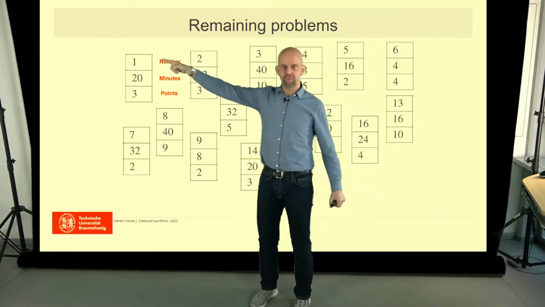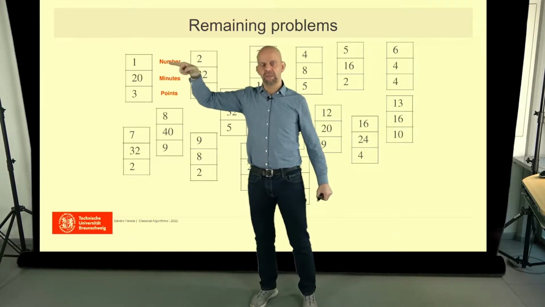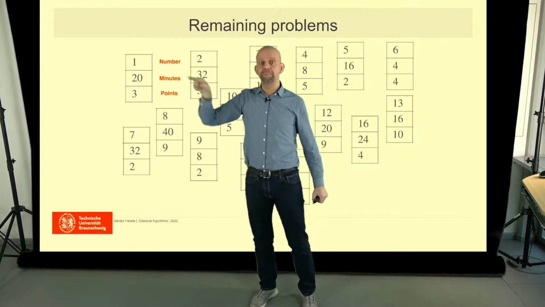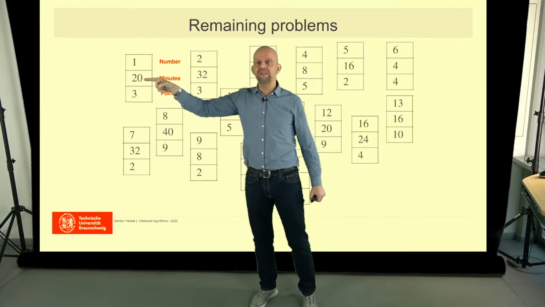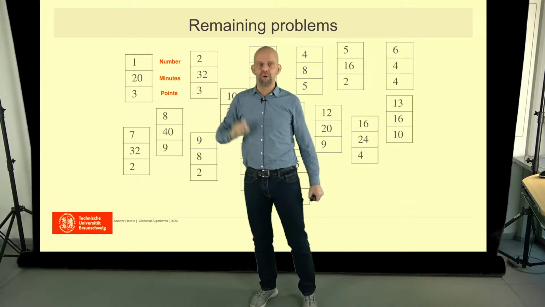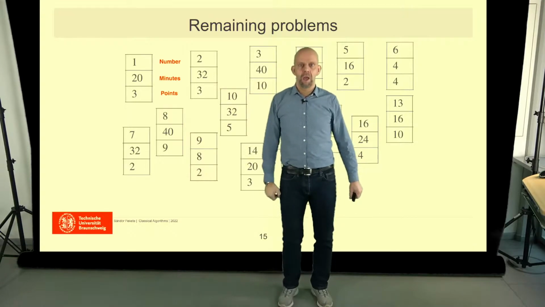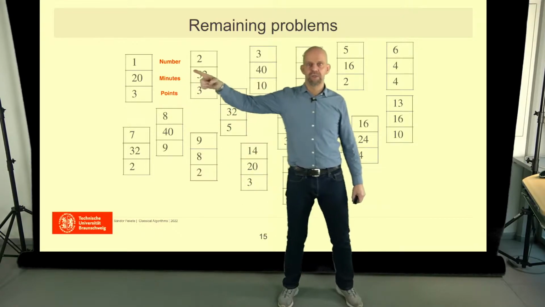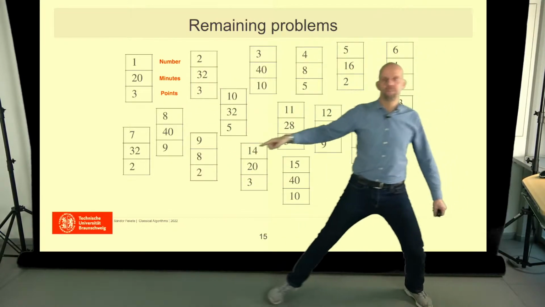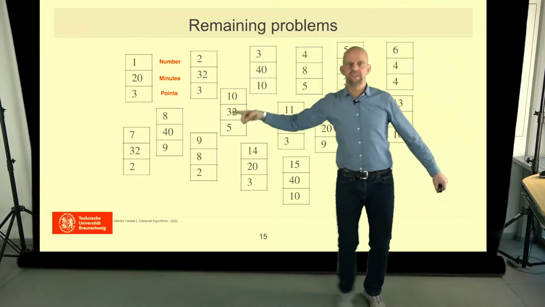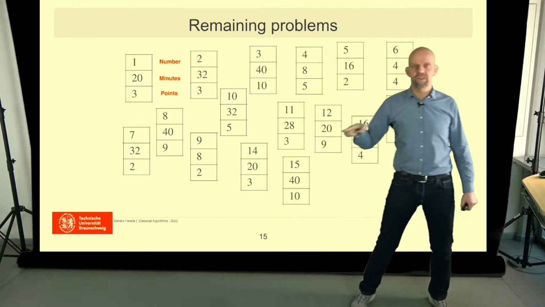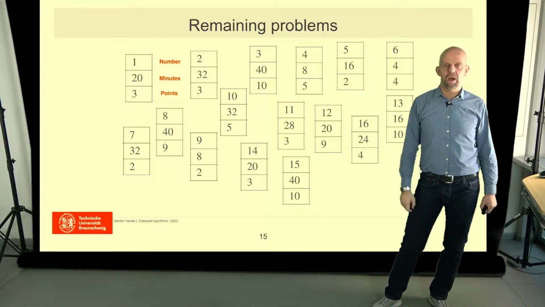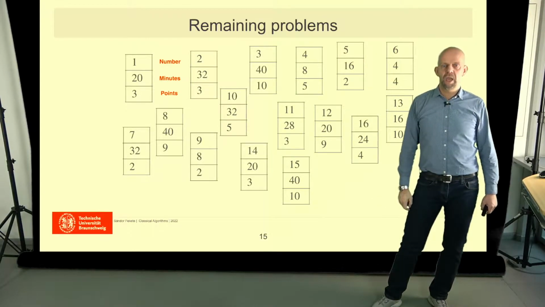Each triple here is an object that has a number. It has, that's a question, so it will take 20 minutes and will give you 3 points if you do it. And you see there's 1, 2, 3, 4, 5, 6, 7, 8, 9, 10, 11, 12, 13, 14, 15, 16 of these questions.